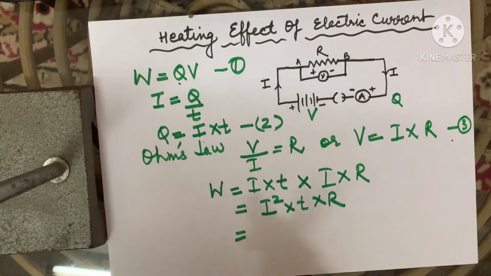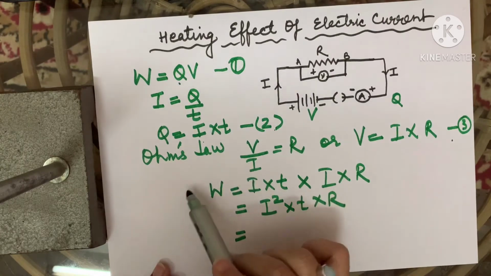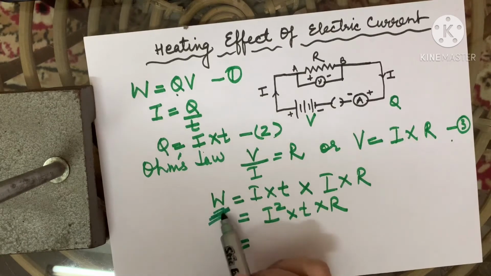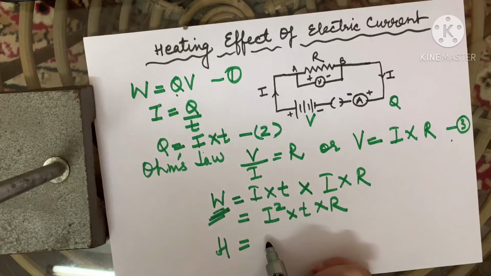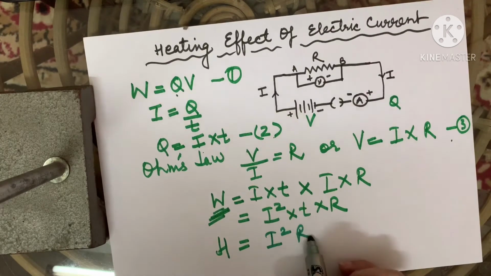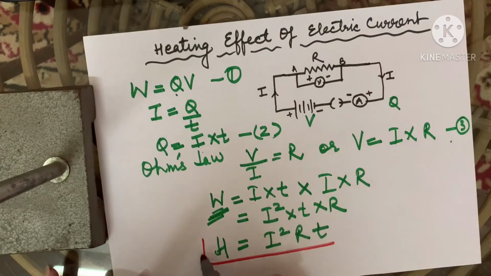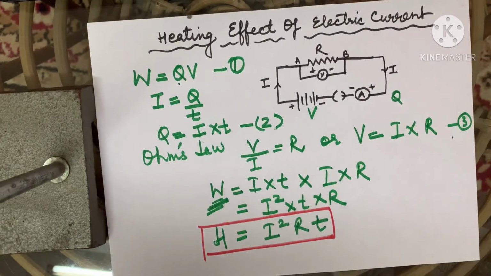We will assume that all the electrical work done, or all the electrical energy consumed, is converted into heat energy. So we can write heat produced in place of the work done. So I am writing heat produced is equal to I²RT. This is the new formula which we are getting, and we will be using it for solving the numericals.